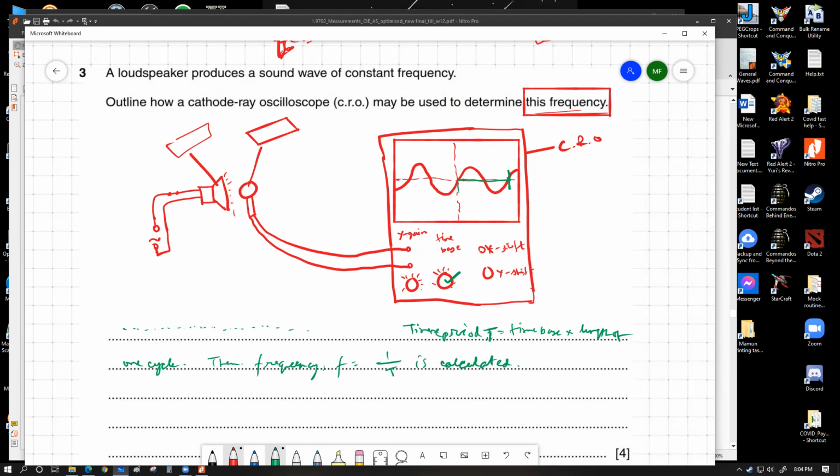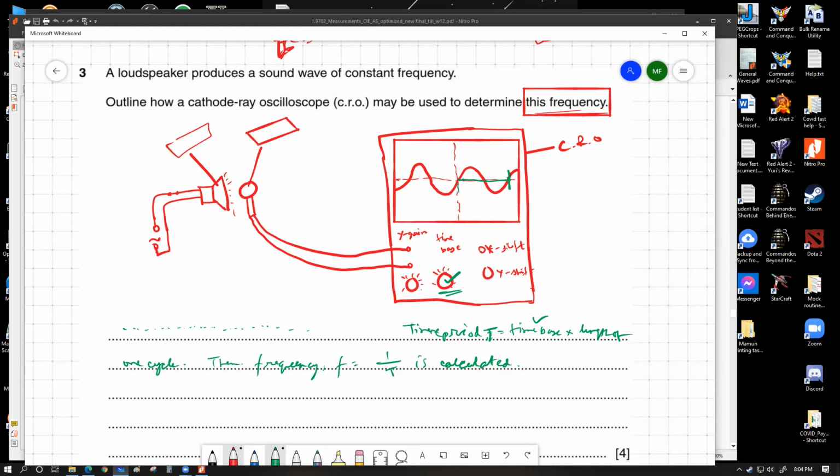এই হচ্ছে total procedural observation. So তোমাকে specifically দুটো observationের কথা গুছিয়ে লিখতে হবে, that we have to take a reading from the time-base knob, যেটা হচ্ছে এইটা, and we also have to look for the length of one cycle measured in centimeters.